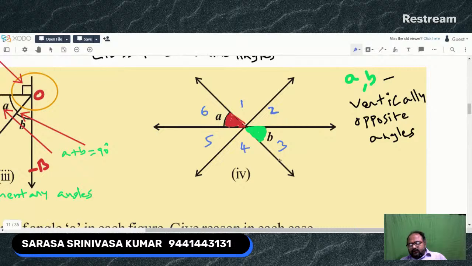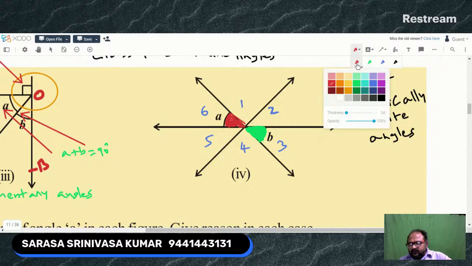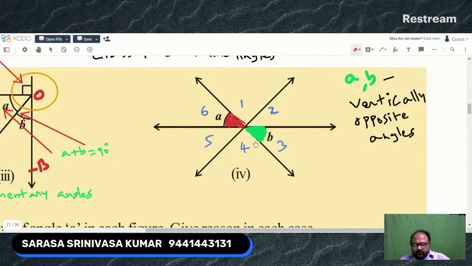What are the vertically opposite angles in this diagram? Students can respond to the questions in the chat box. What are the vertically opposite angles in this diagram? Can any student respond to this question?